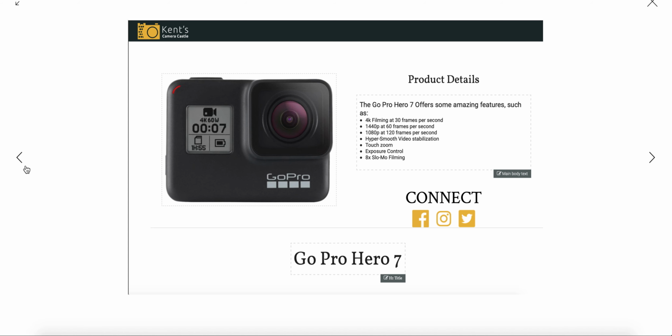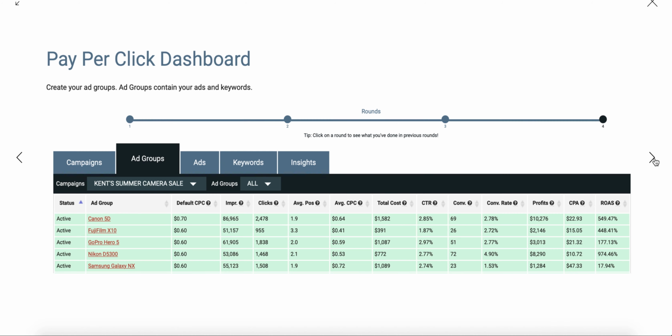These are both examples of landing pages that I had done for the simulation. Here is an example from a customer standpoint of what I'm capable of doing for a pay-per-click dashboard.